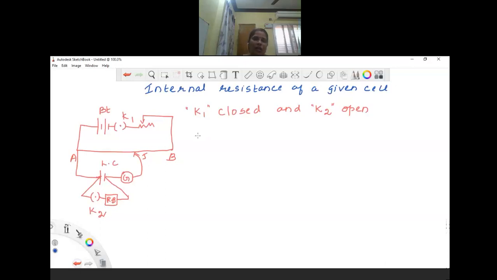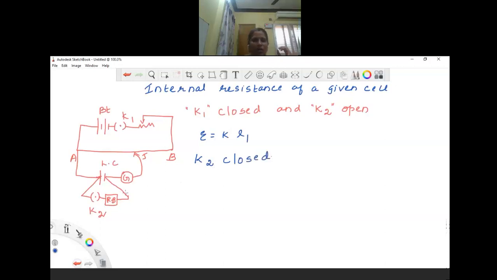So we are going to again use the principle of the potentiometer. That is, EMF is equal to K into L1 when K1 is closed and K2 is open. Now we are going to keep K2 also closed, so K1 and K2 are closed.